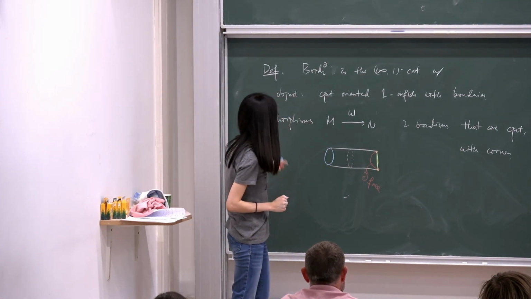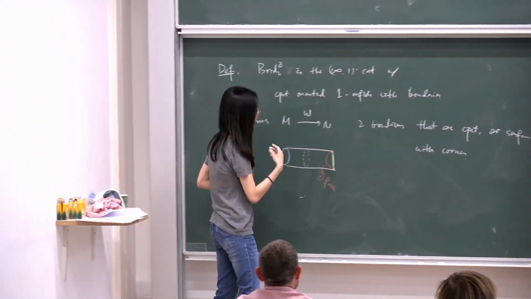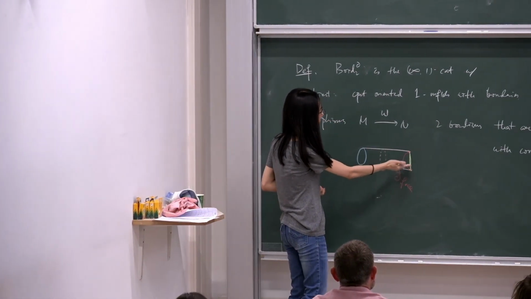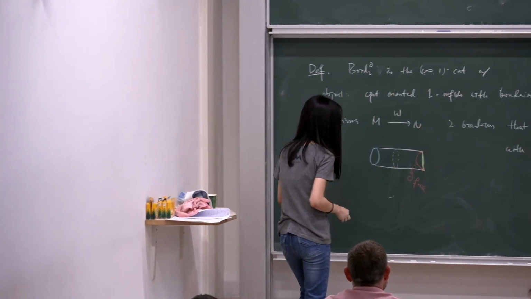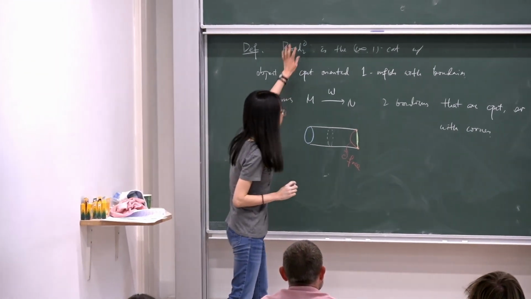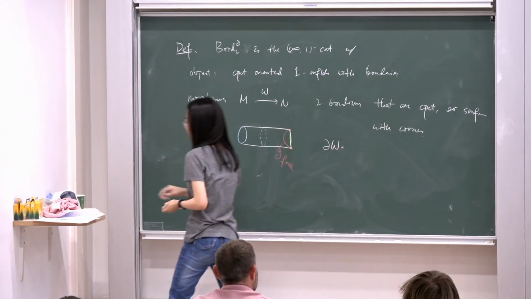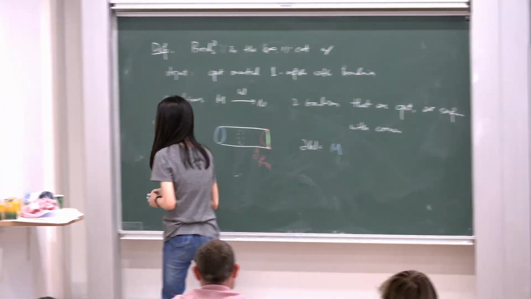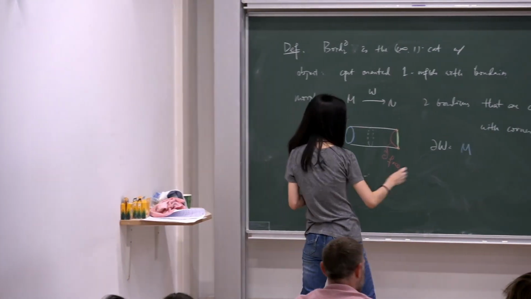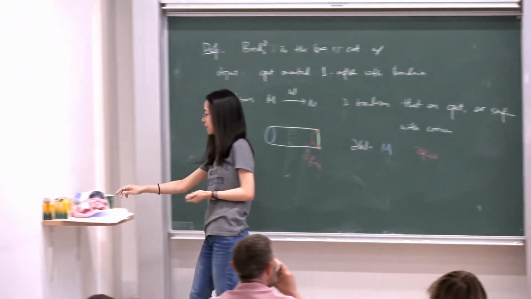The intersection of the free boundary with this outgoing circle, or with this outgoing boundary, creates some corners in the manifold. So even though our morphisms have corners, it's not bad in the sense that all the corners come from the intersections of free boundaries with the object boundaries. So in other words, the boundary of W should be the union of the incoming boundary, the free boundary, and the outgoing boundary.